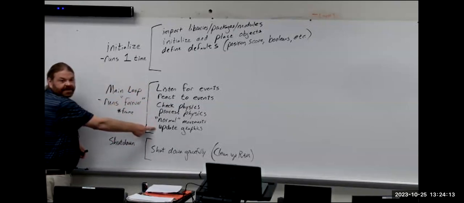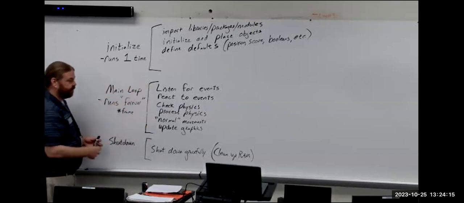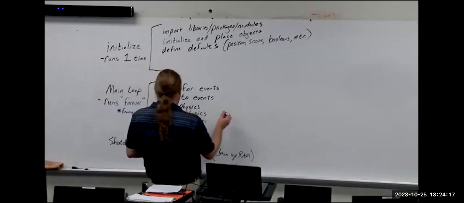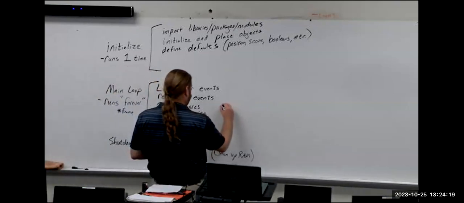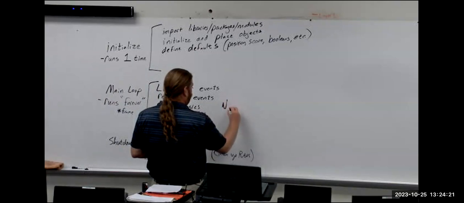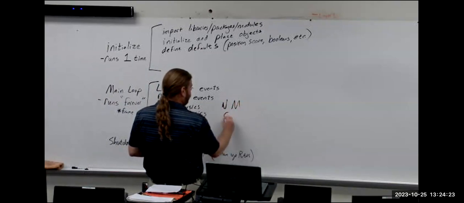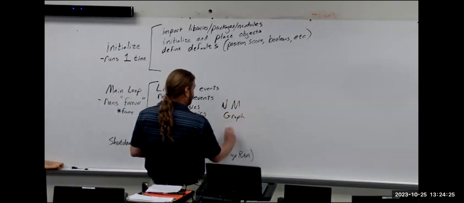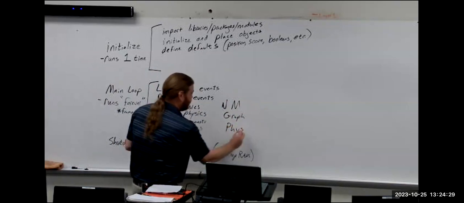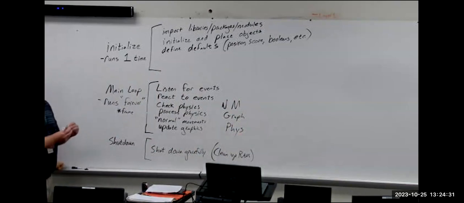This is what the user sees. So if we switch the order, if we did the normal movements, then our graphics, then our physics, to make more sense seeing them side by side.